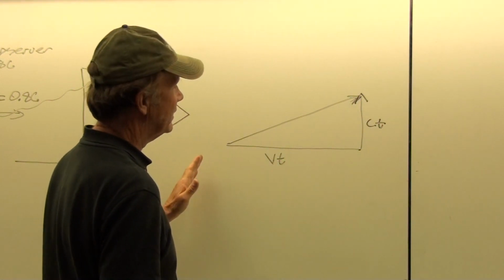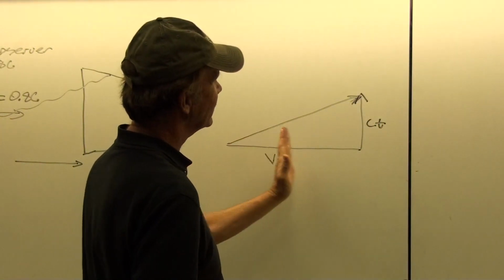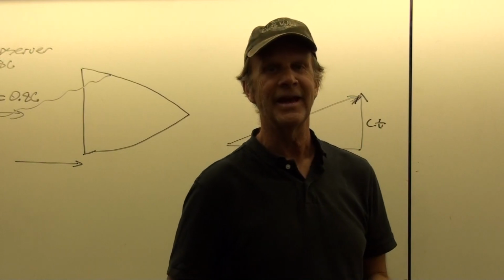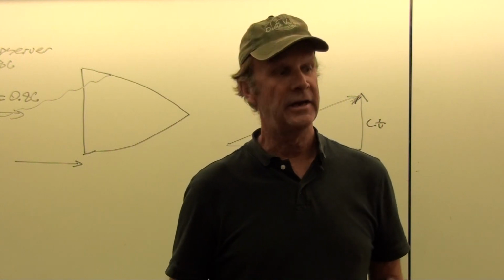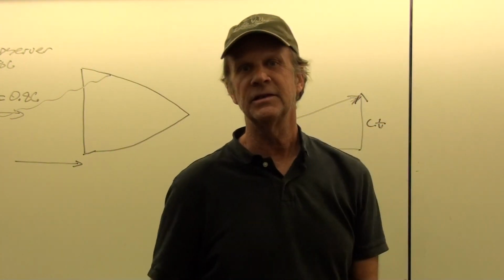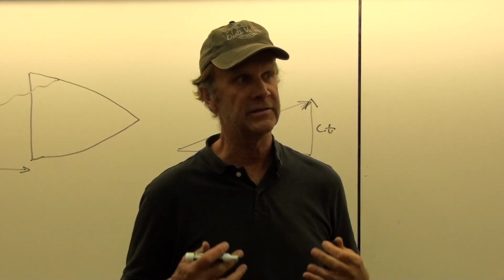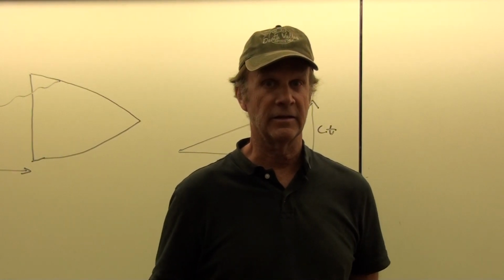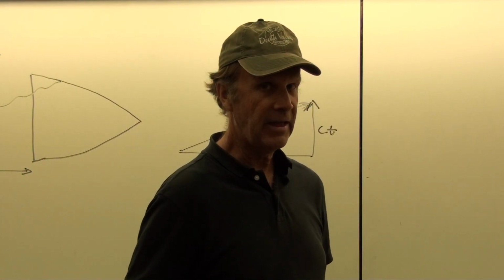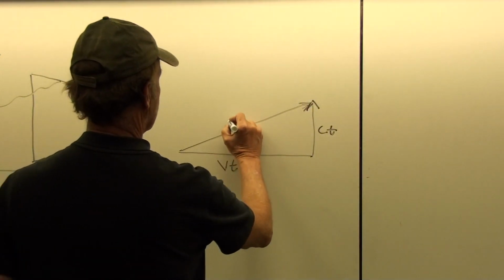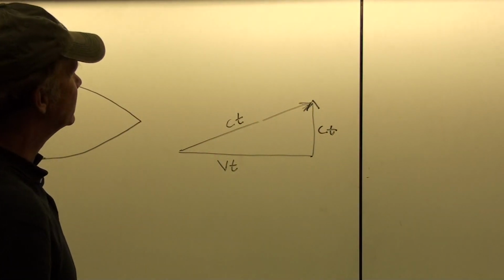We would say that the light beam has a component of velocity c in this direction and a component of velocity v in that direction, so therefore the hypotenuse is faster than the speed of light. But no, Einstein says you can't do that because that violates the laws of physics. It says that the strength of the magnetic and electric forces will be different if you're traveling at different speeds. So we can't have that. And so instead, we're going to have to write this as the speed of light times the time.